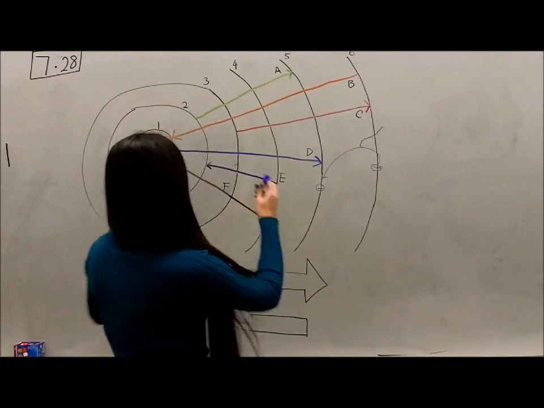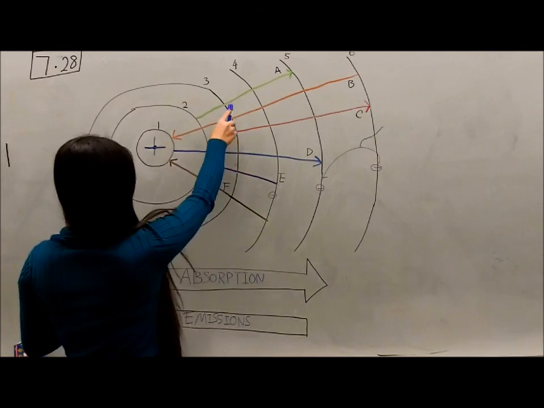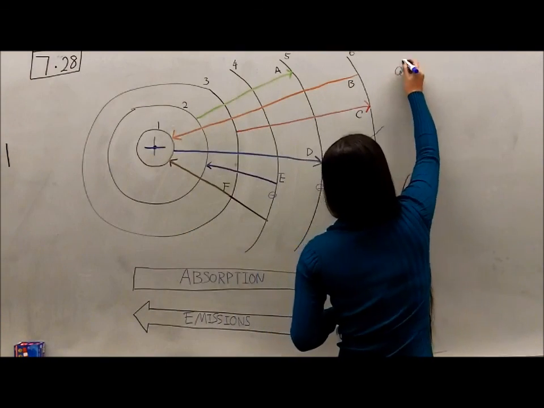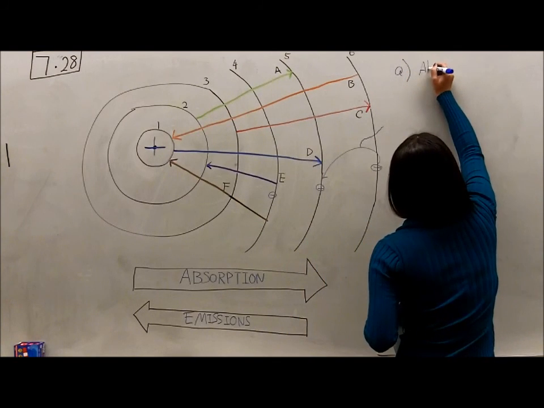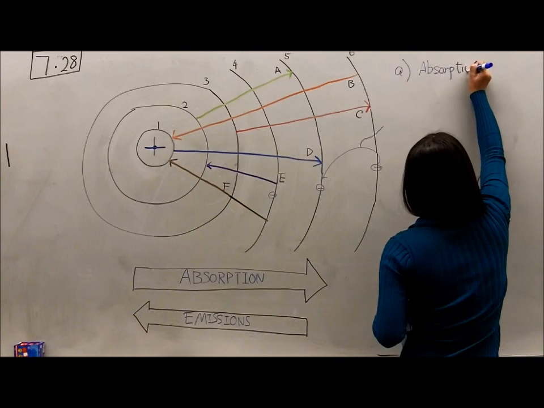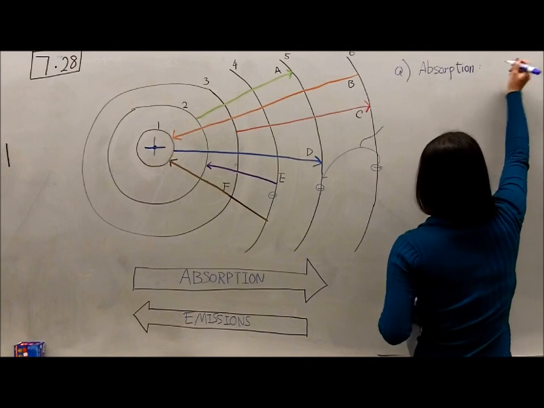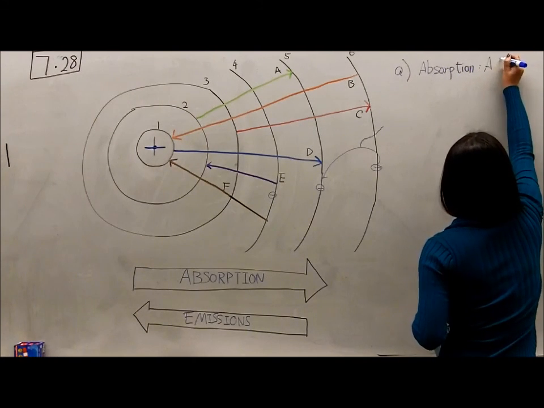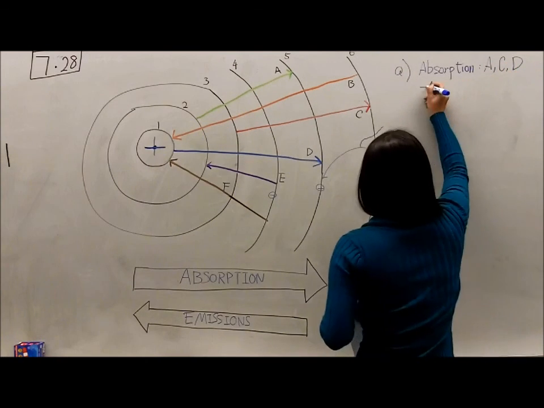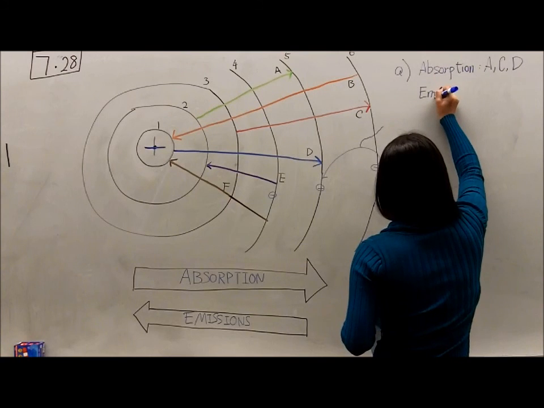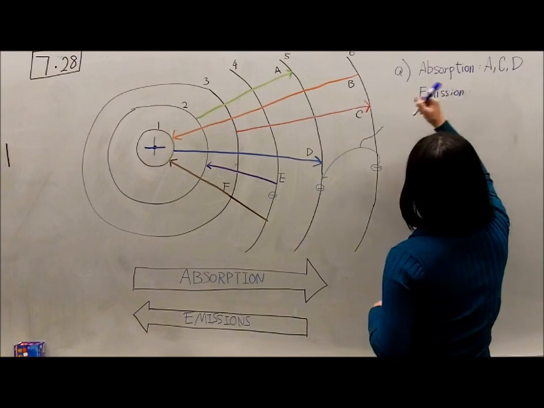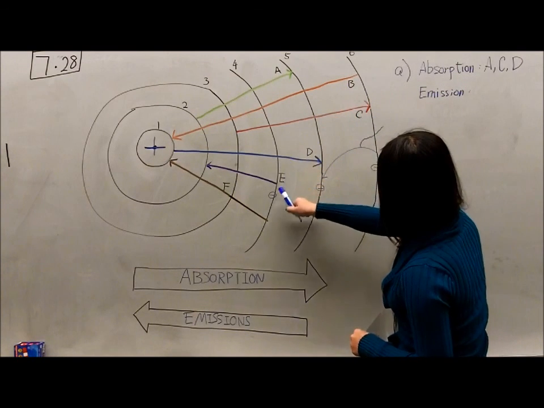And so absorption, inside out, will be A, C, and D. And emission will be the other three, which will be B, E, and F.